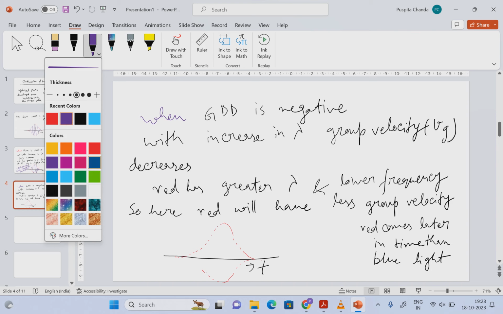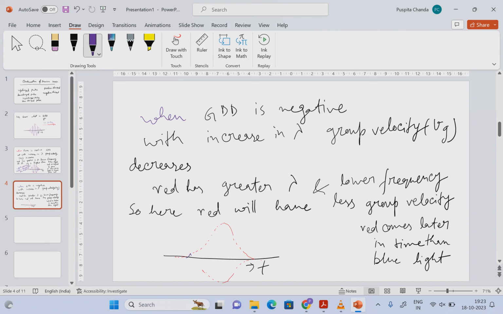Here blue comes faster. On the left hand side is the faster time, and on the right hand side the later time. This is the blue portion where wavelength is less, and this is the red portion.